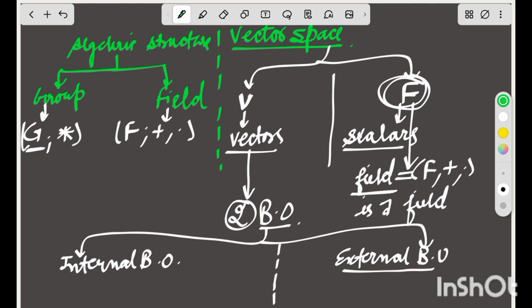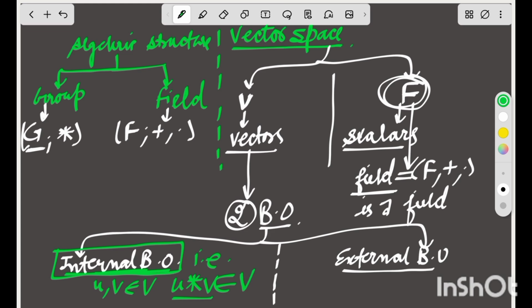The binary operations which we studied till now are internal binary operations. That is, if I take u and v, any elements of the set V, and we operate u and v, the resultant is also in the set V.